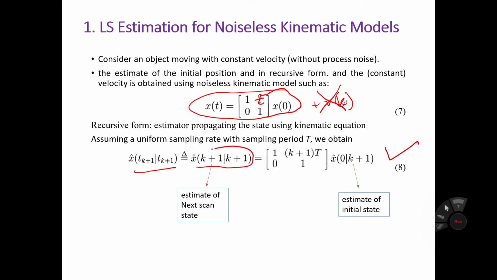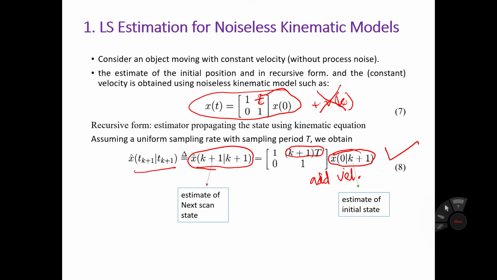And how we get it, as you already know, if we add k plus 1 times T times the velocity to the initial state, or the initial state estimate at time 0.